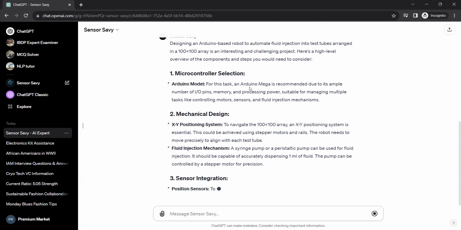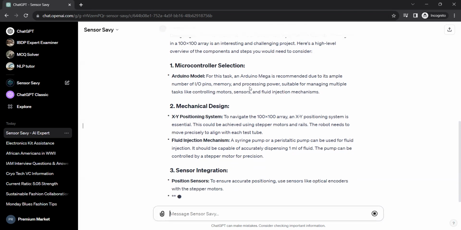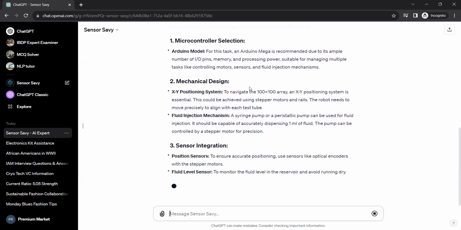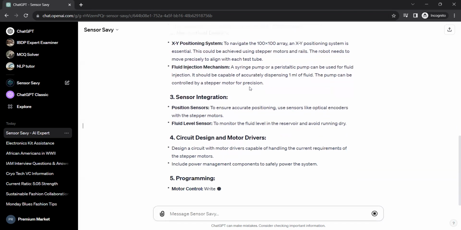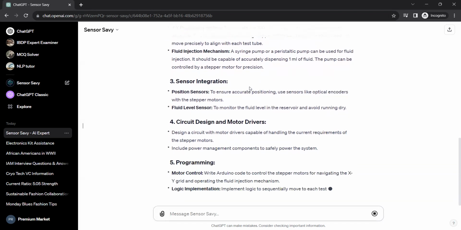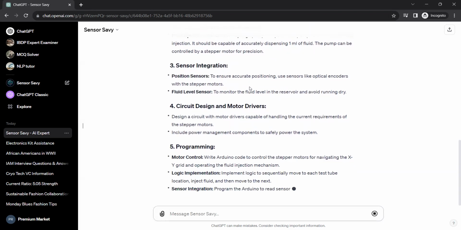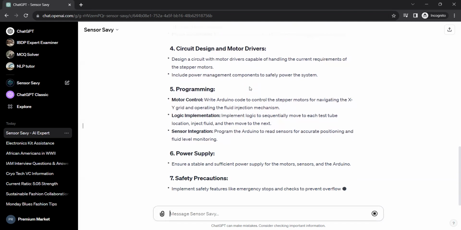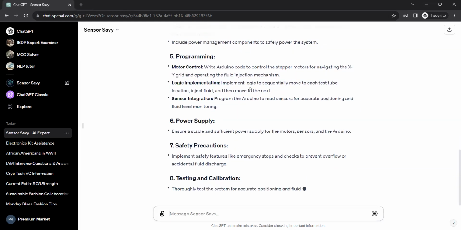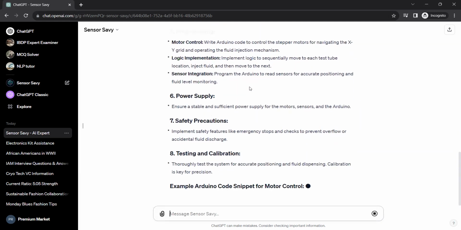Okay, then what is the sensor that you need to put across? We should have a pump; a peristaltic pump can be used for fluid injection. It should be controlled continuously. Then the positioning sensor should be done, circuit design and motor drivers. Then we should design a circuit. Of course, it does not give you a circuit over here, so you need to look for a circuit. Then power supply, safety precautions, testing, calibration.